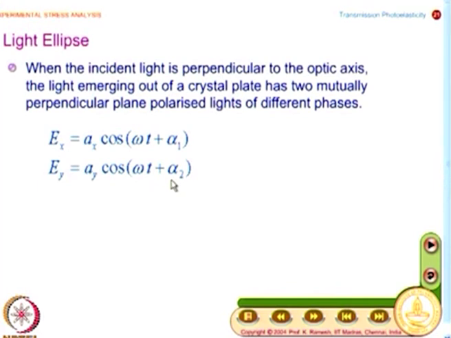But what is important in photoelasticity? We are not interested in absolute phase. So, we will only look for the difference in phase, because within the model a difference in phase is acquired between the two waves because of the optical behavior, and this optical behavior is induced by stresses.